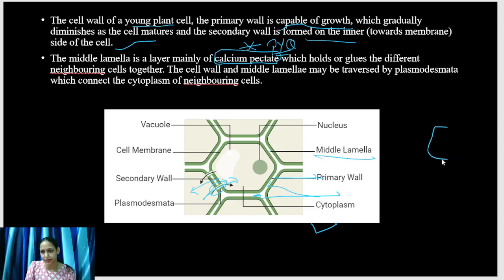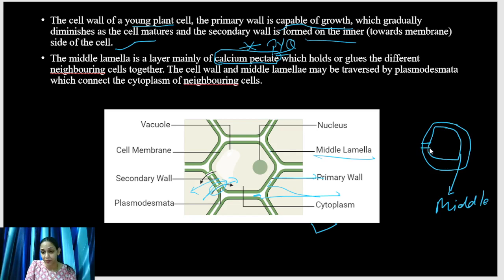यहाँ पे भी बना सकते हैं primary cell, secondary cell. This is the middle lamella. किसका बना होता है? कैल्शियम पैक्टेट का. प्लाज्मोडेस्माटा प्रेजेंट है. इसके थ्रू जो दो सेल्स हैं, कनेक्ट हो सकती हैं. उनका साइटोप्लाज्म कनेक्ट है थ्रू दी प्लाज्मोडेस्माटा.